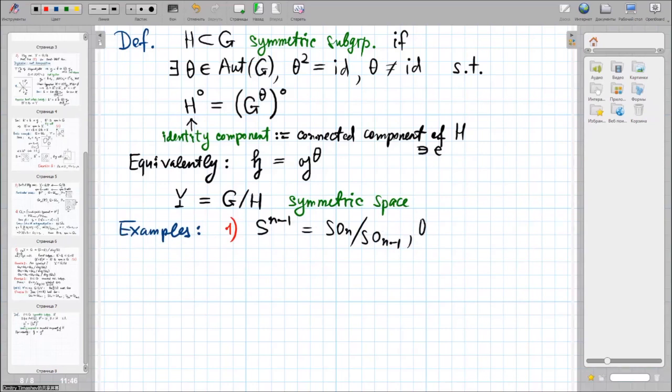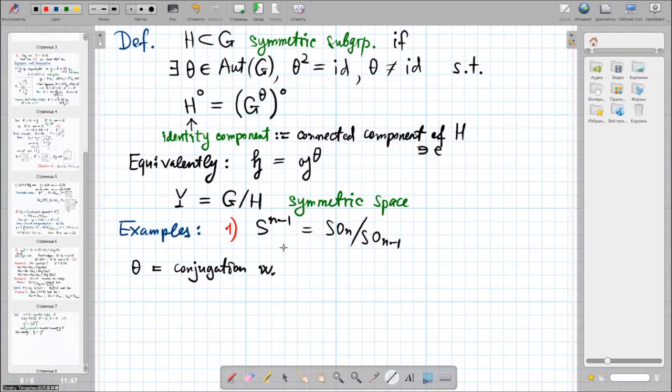In this case, theta is a conjugation with the following matrix: a diagonal matrix with -1 here and unity on the other diagonal entries.